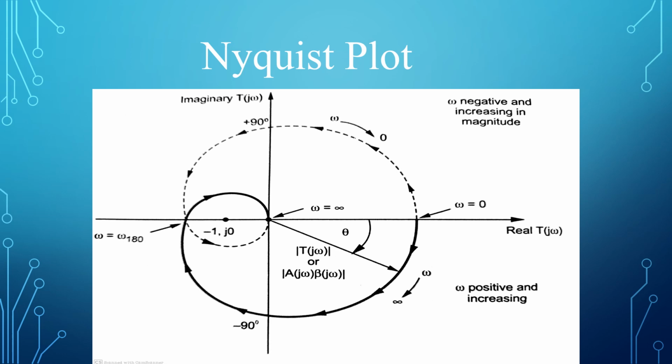The criterion for Nyquist is that the amplifier is unstable if the curve encloses the point -1 plus j0. If the curve encloses this particular point, it indicates that it is unstable, and the amplifier is stable if the curve does not enclose this point.